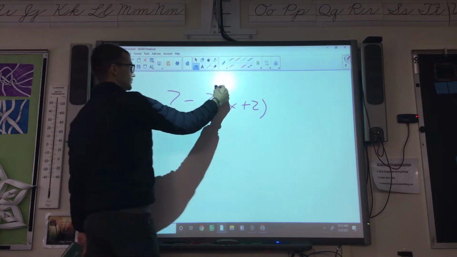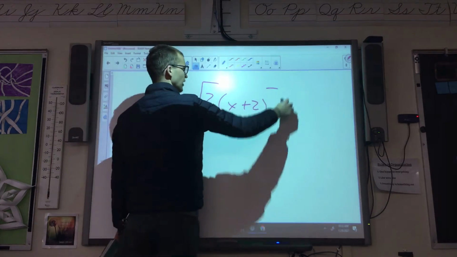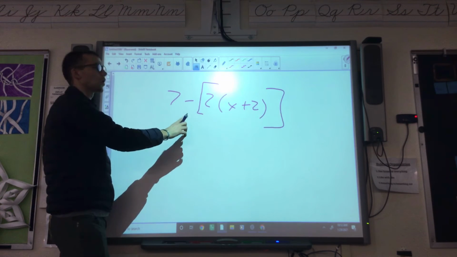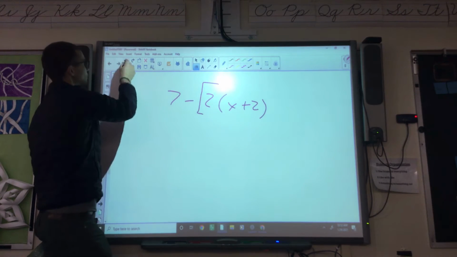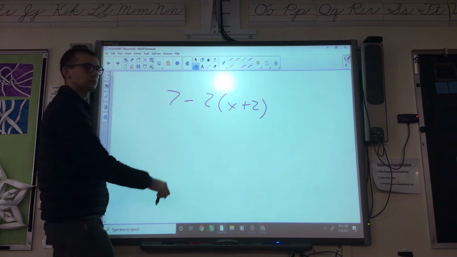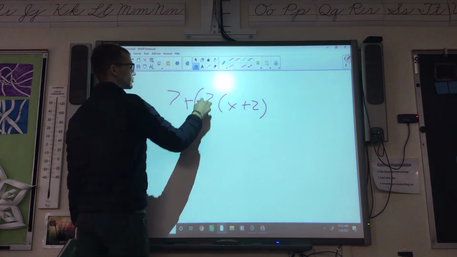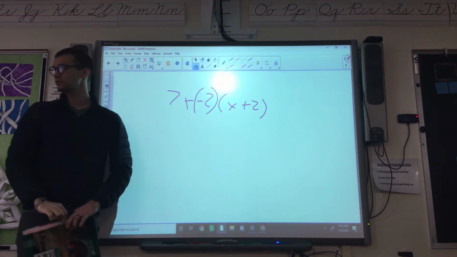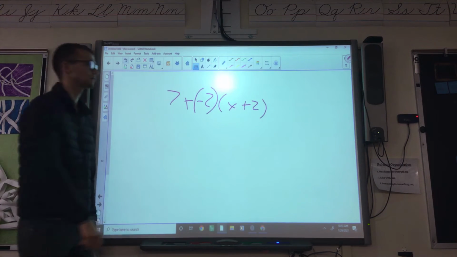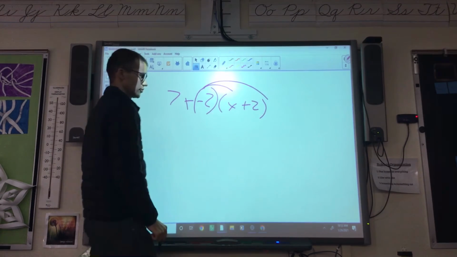If you're here, we can do a couple of different things with it. You can think of it as having this whole thing and knowing that it's minus. Or you can say this is subtraction, so I'm going to turn it into addition of the opposite. So I have a negative 2 here, and when I distribute, I'm distributing not a positive 2 but a negative 2.